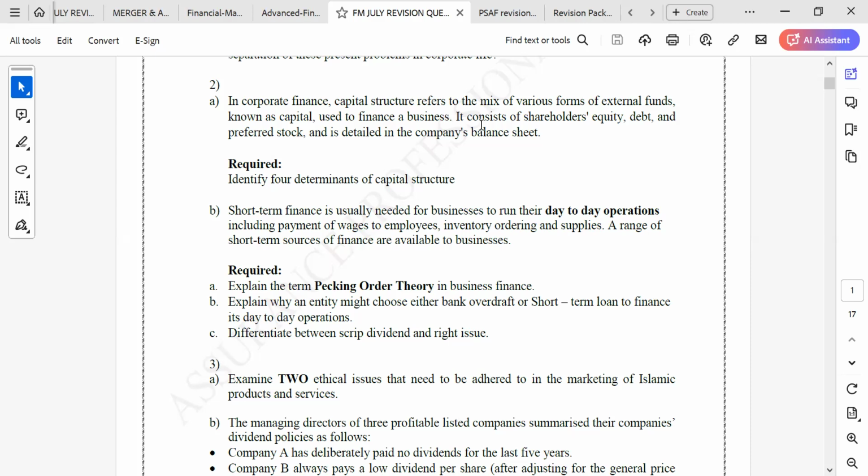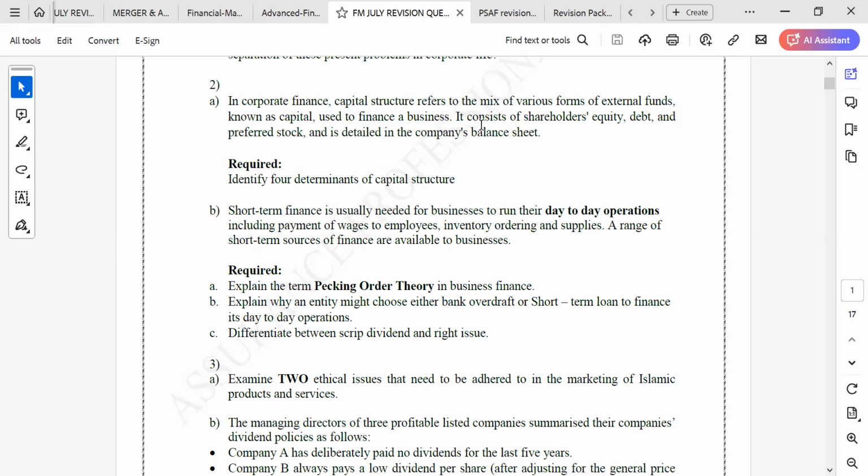What is the first option for you? The theory says that you first look at retained earnings, because retained earnings will come at no cost. So this theory is propounded based on the cost of issuing. Retained earnings basically come at no cost. You're not going to be incurring any issuing cost. So look at your retained earnings.